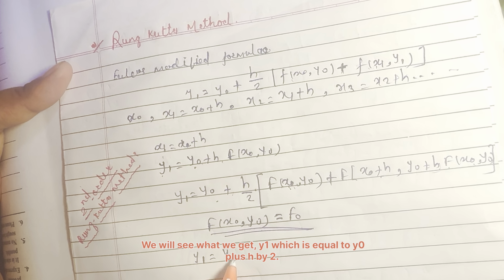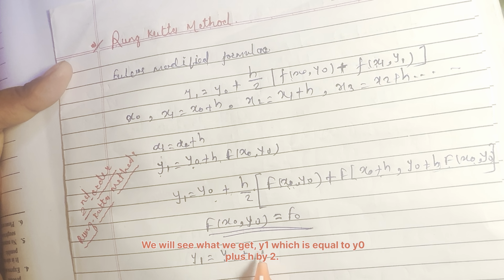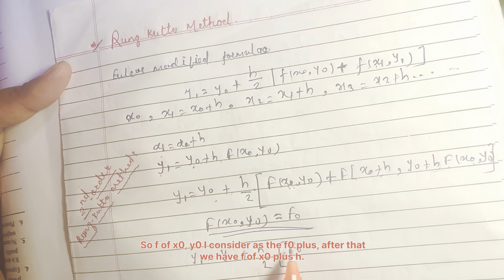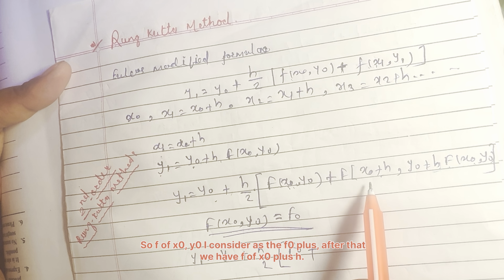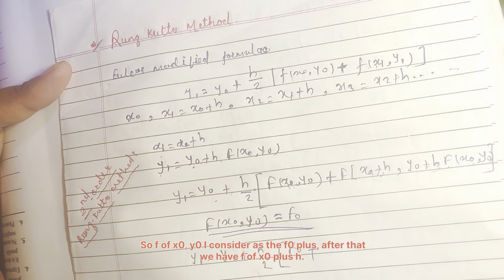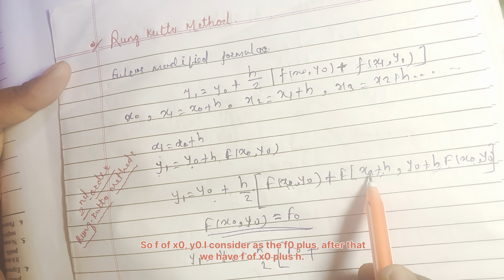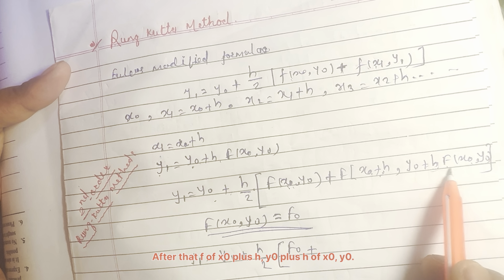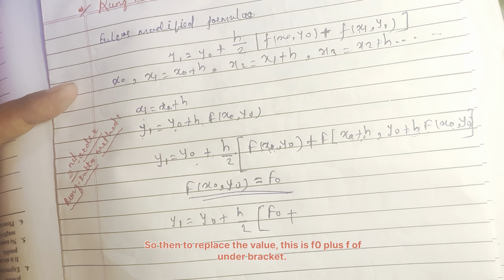y1 is equal to y0 plus, okay, h by 2, f of x0, y0 which I consider as f0, plus, okay. After that we have f of x0 plus h comma y0 plus h f of x0, y0. So then replace the value, okay.